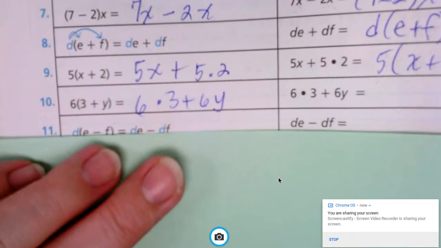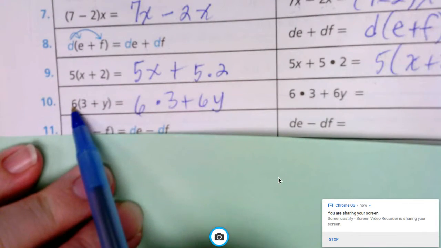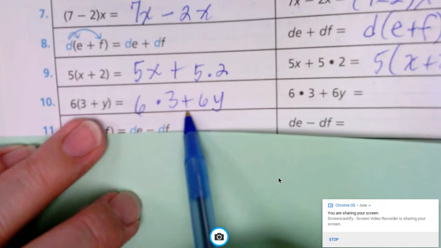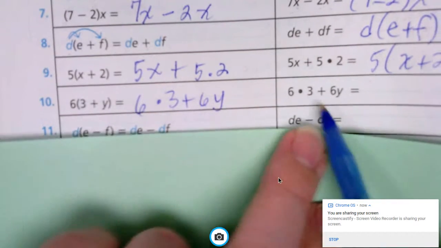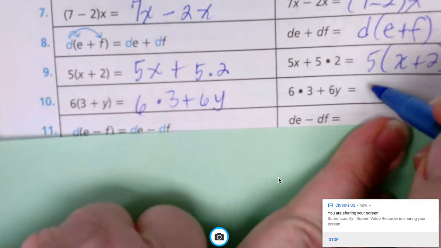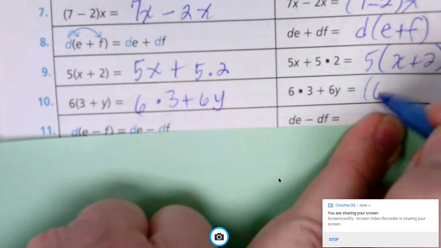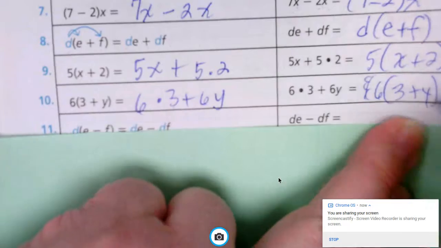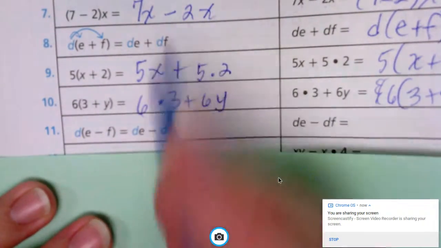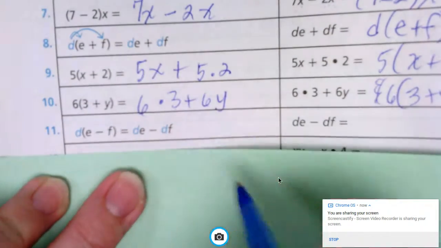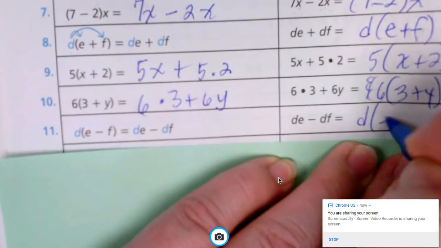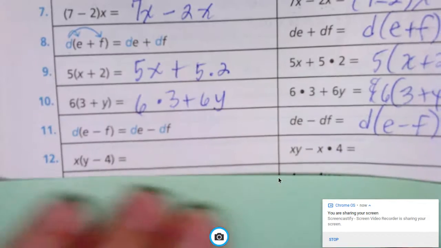Oh, we're getting longer. 6 times 3 plus 6 times y is going to be 6 times 3 plus y. And 11 is given here, and this is going to become that one.